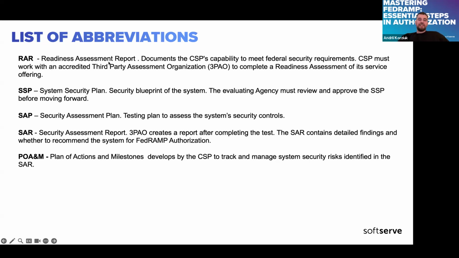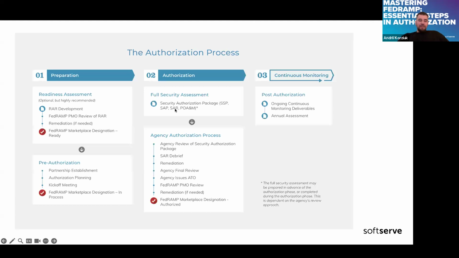RAR is Readiness Assessment Report. SSP is System Security Plan. SAP is Security Assessment Plan. SAR is Security Assessment Report, and POA&M is Plan of Action and Milestones.